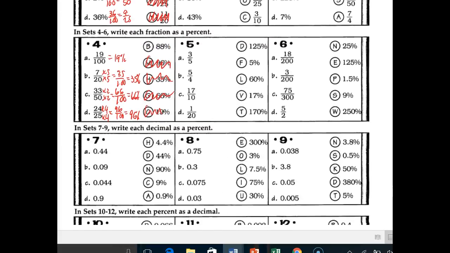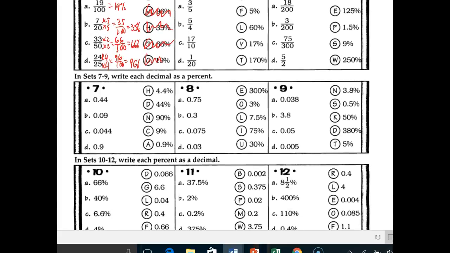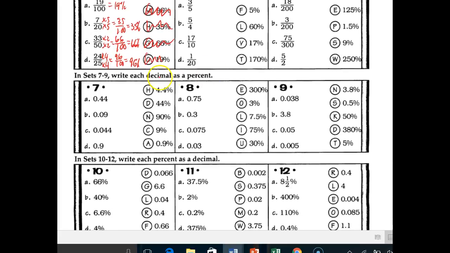All right. And on 7, it says write each decimal as a percent. So what is this going to be? This is going to be move 2 times right. So starting at the decimal, so I go once, twice, drawing the arrow, making it nice and fine. So that should be 44%. So see you later to D. 0.09. I'm going to move once, twice, draw an arrow.